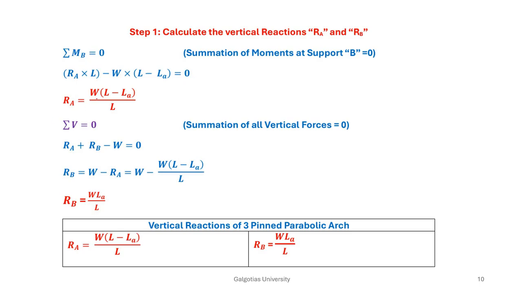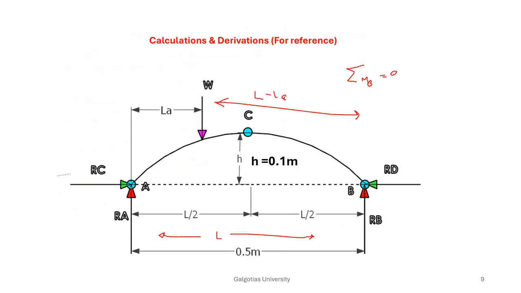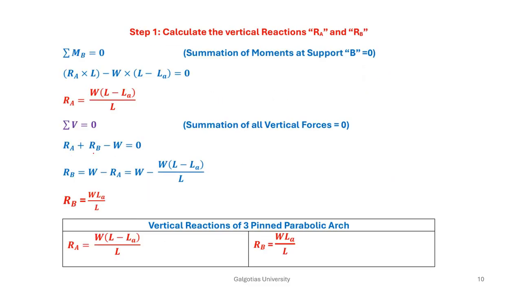From this you get RA equal to W into (L minus LA) by L. Similarly, you apply the next equilibrium equation where RA plus RB is equal to W. Now RA plus RB minus W is equal to 0, and from this, after simplification, you get RB equal to W LA divided by L. Now you can see that RA is at this location and RB is at the other. The value of RA is W into (L minus LA) by L, and RB equals W LA by L.